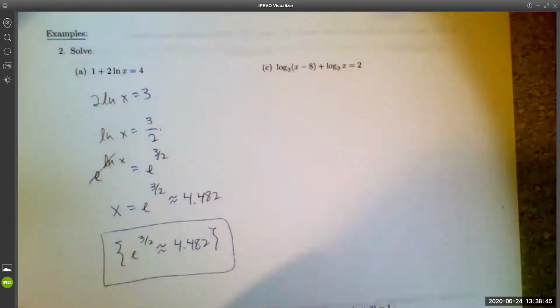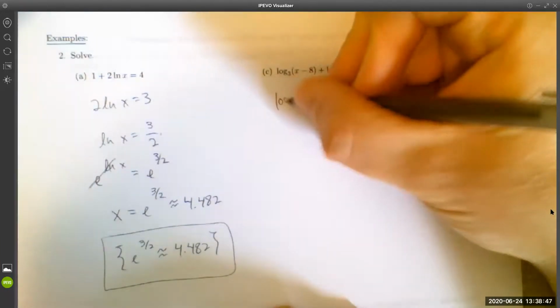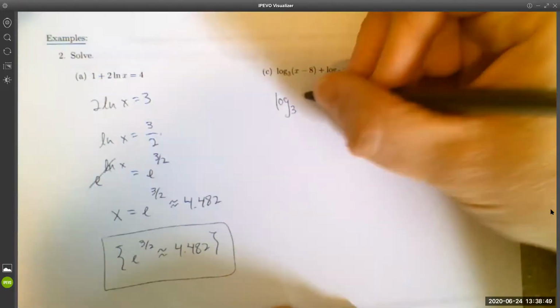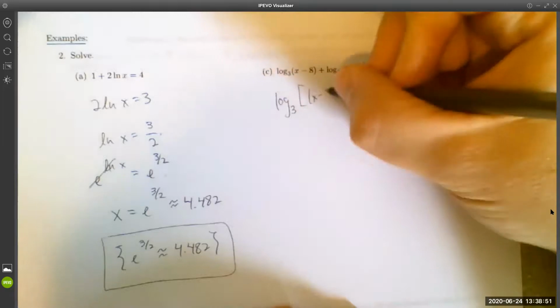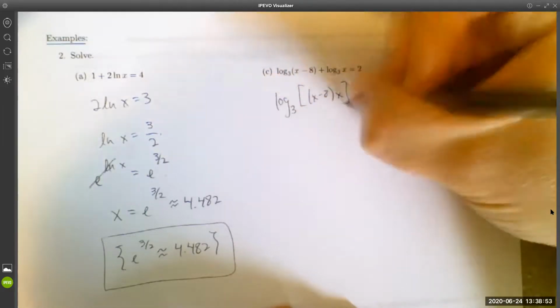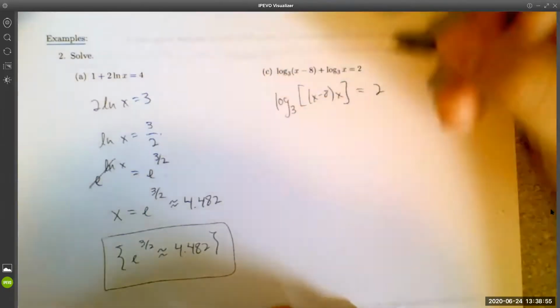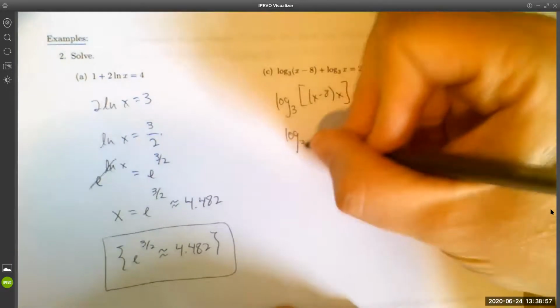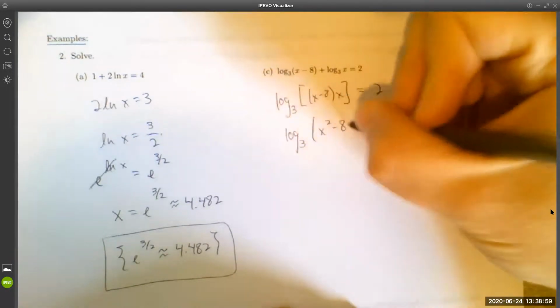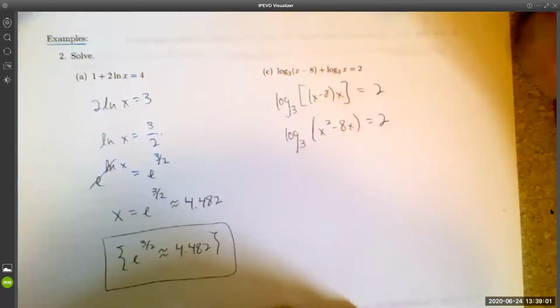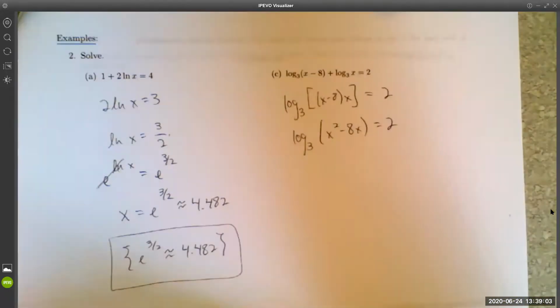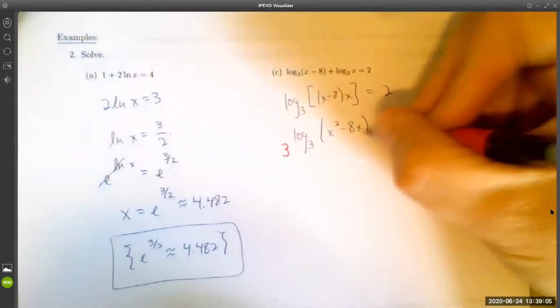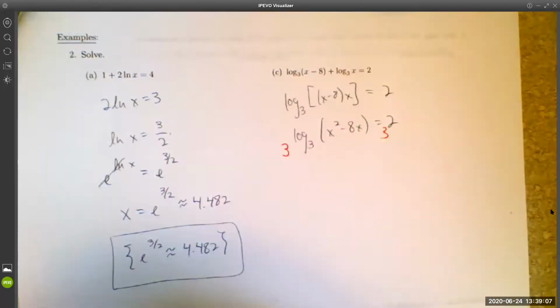So again, with the product rule, we're going to say log base 3 of x minus 8 times x equals 2. So this is log base 3 of x squared minus 8x. Now I'm going to clear the logarithm by exponentiating, this time by 3 since the base is 3.